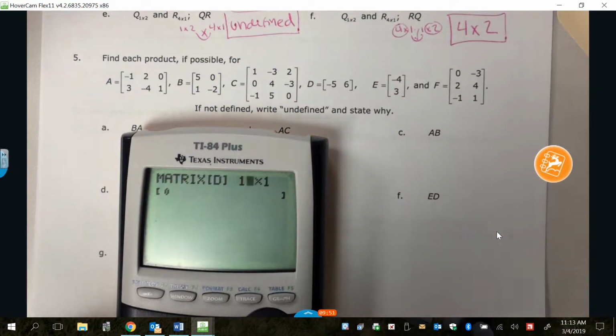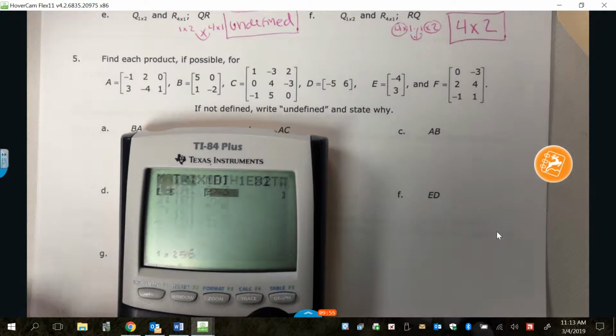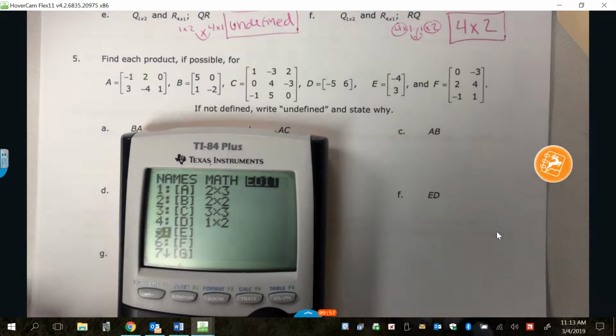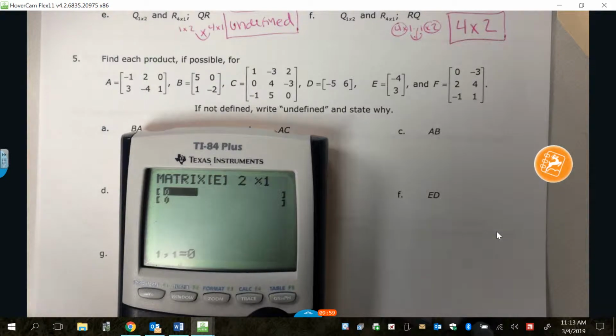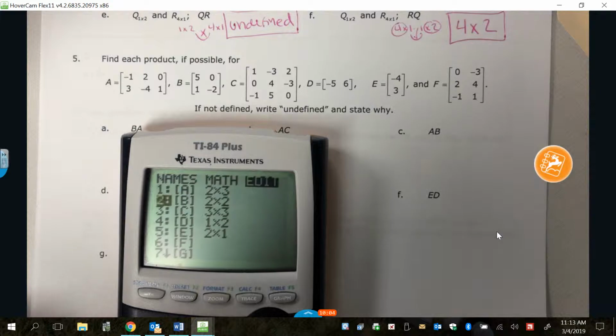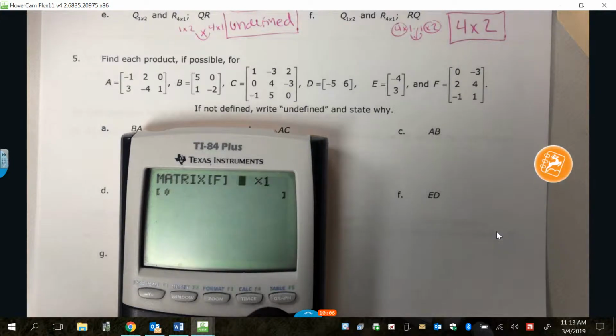This is a 1 by 2. So 2 by 1. And a 3 by 2.